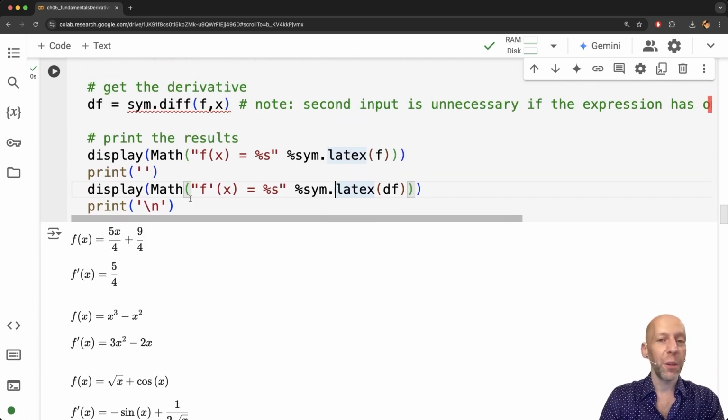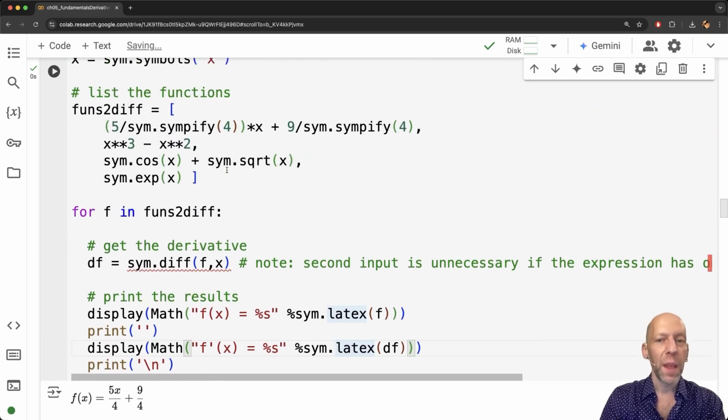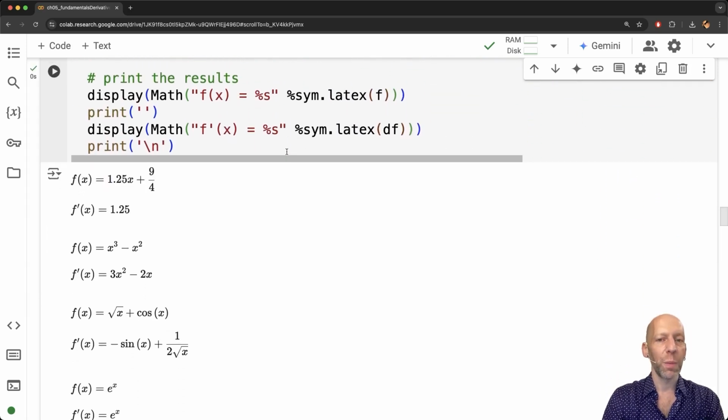Now, what I would like you to notice is that this number, 9 divided by 4, prints out as 9/4, and this prints out as 5/4. If I didn't use simplify, and I just put in 5 divided by 4 like this, then the output would be 1.25. Now, in some sense, 1.25 is the same thing as 5 divided by 4, but there are situations in SymPy where you will want to represent numbers, both visually and symbolically, as a fraction instead of as a floating point number like this.